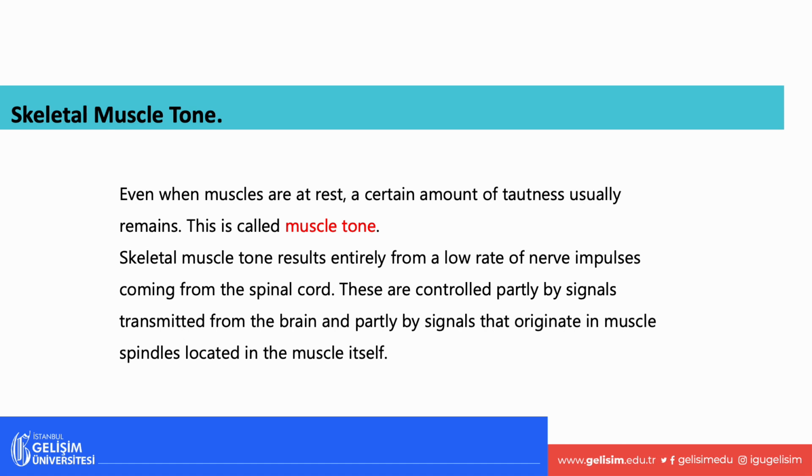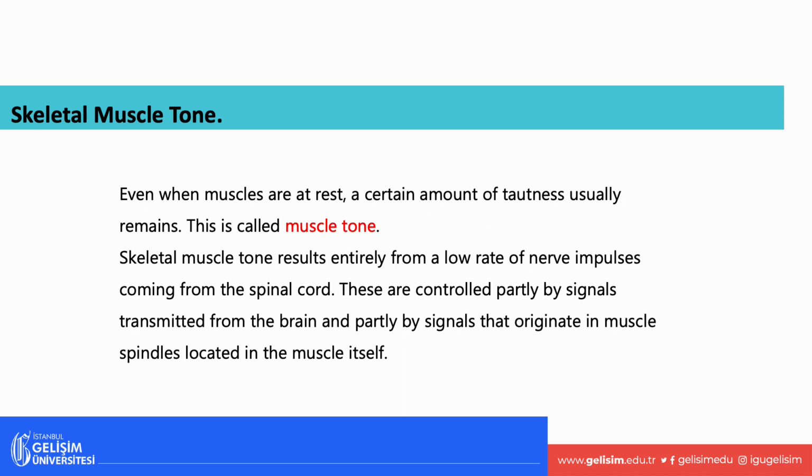And muscle tone is important. Why is it important? Well, because it maintains posture as well as stabilizing joints. And it's also necessary for proper muscle function during movement. Abnormalities in muscle tone can occur due to a variety of neurological or musculoskeletal disorders, and they can end up resulting in symptoms such as muscle weakness, spasticity, or even rigidity.